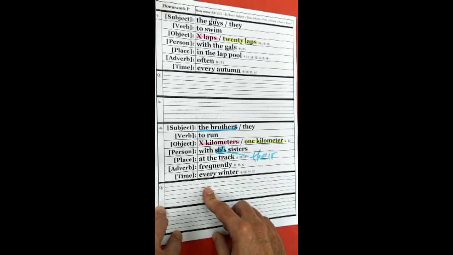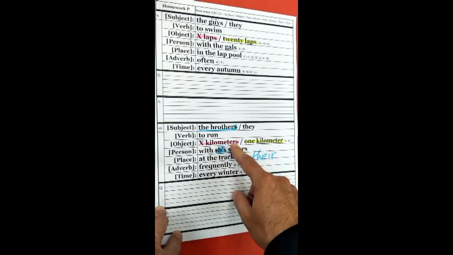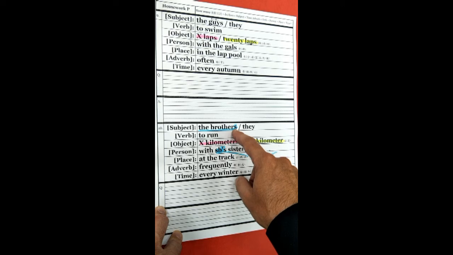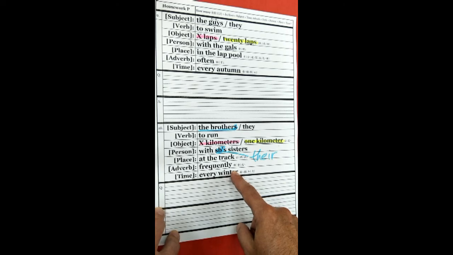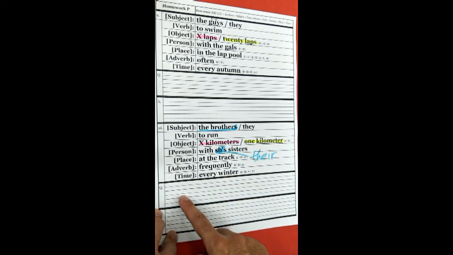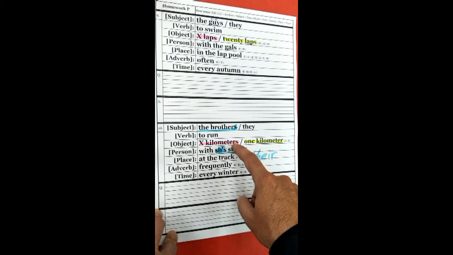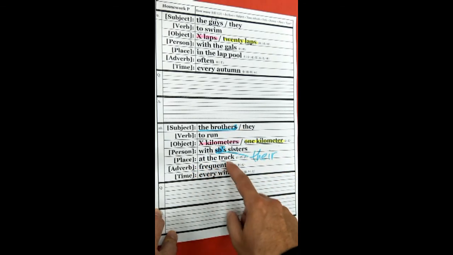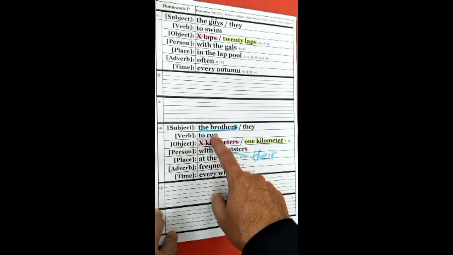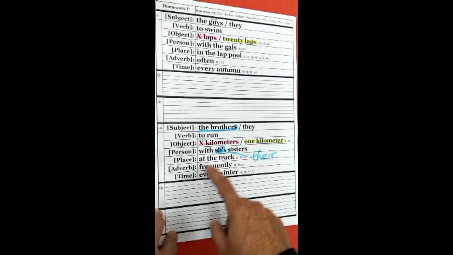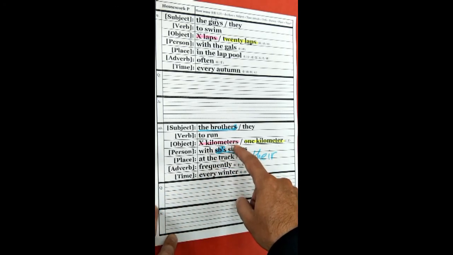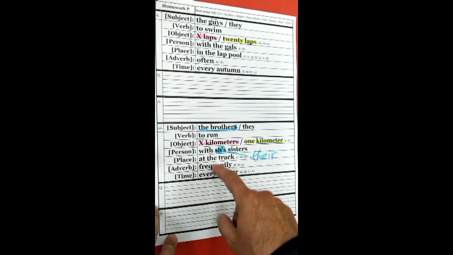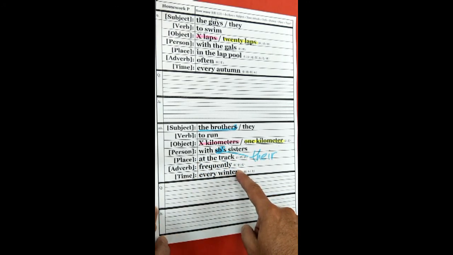Again, how many kilometers do the brothers frequently run with their sisters at the track every winter? Again, how many kilometers do the brothers frequently run with their sisters at the track every winter?